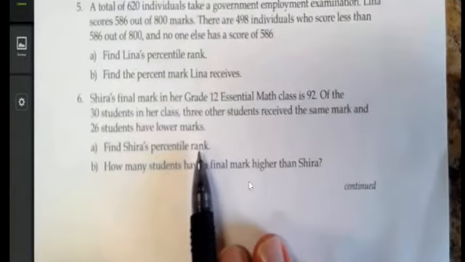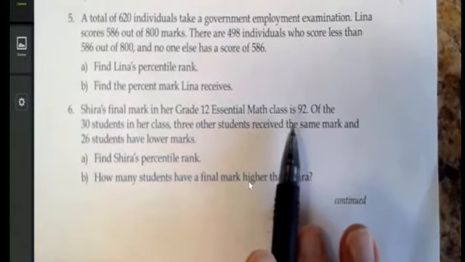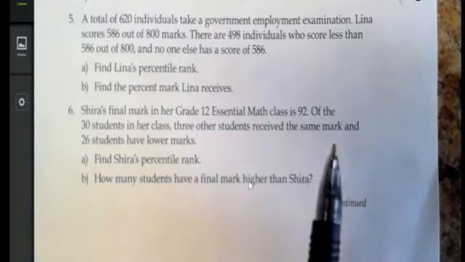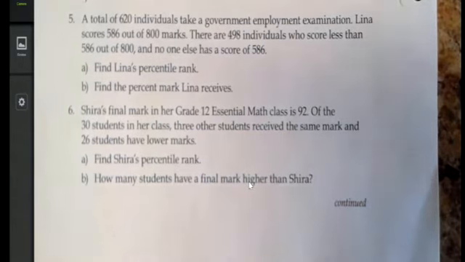Shira's final mark in her grade 12 essential math class is 92. Out of the 30 students in her class, 3 other students received the same mark and 26 students have lower marks. Find her percentile rank and then find out how many students have a mark higher than hers.